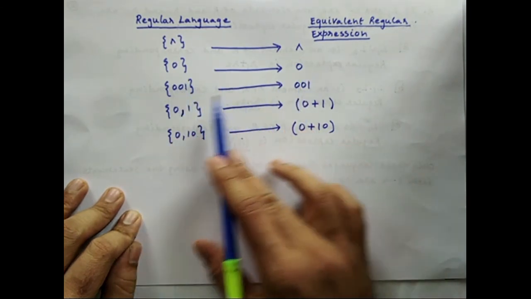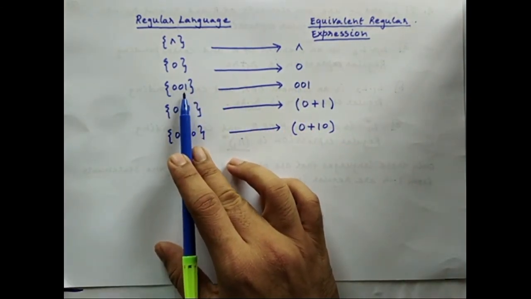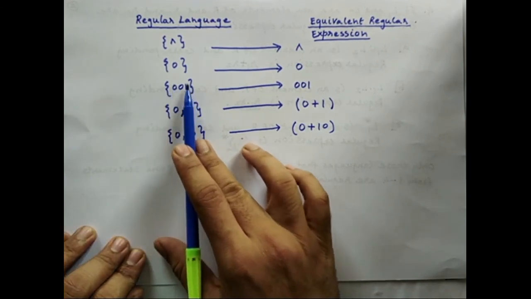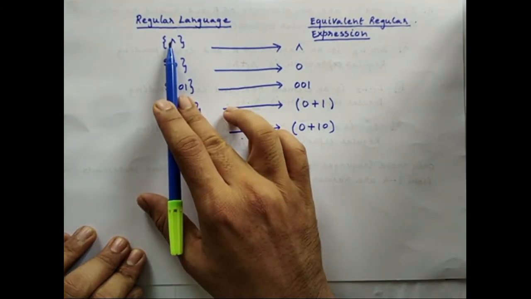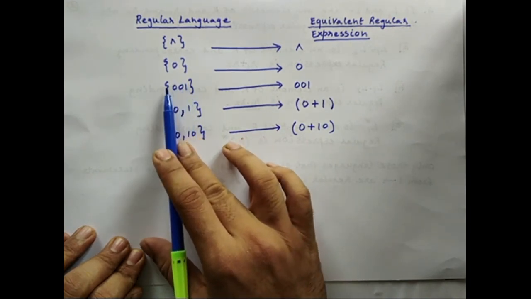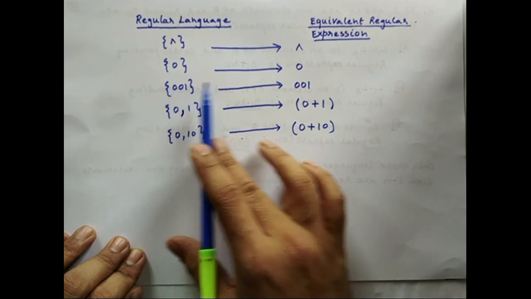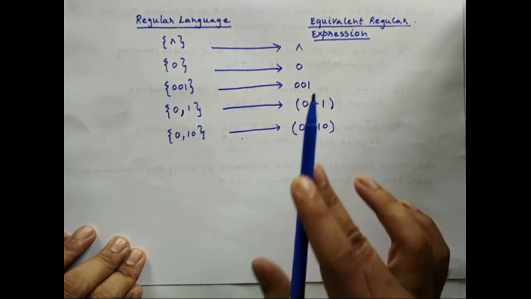Here also, although the length of the string is 1, 2, 3, there is only one string, correct? So here this was one string, this was one string, and this is also one string. Whenever the regular language has only a single string, you may drop the curly brackets.